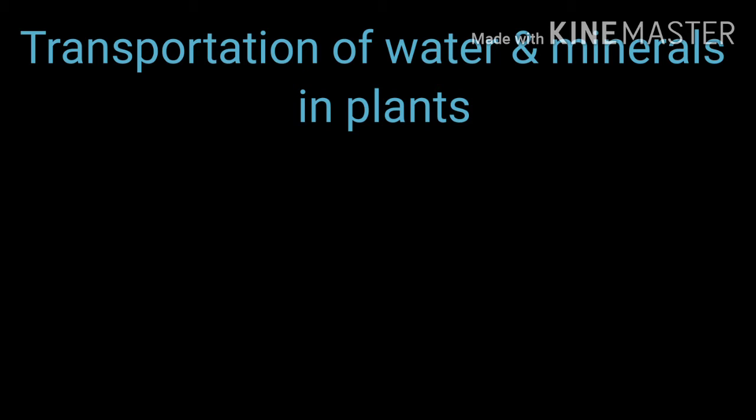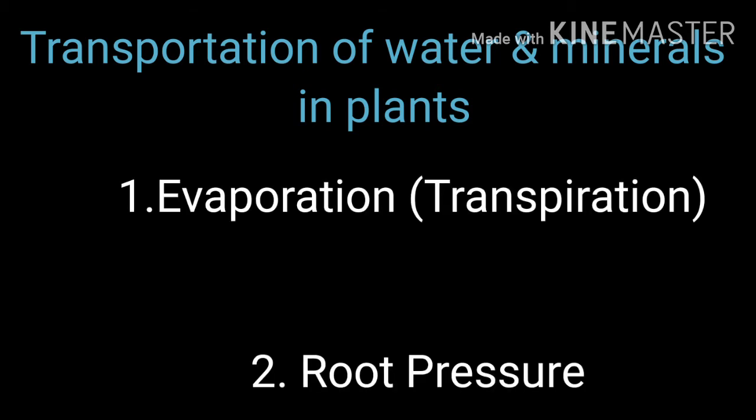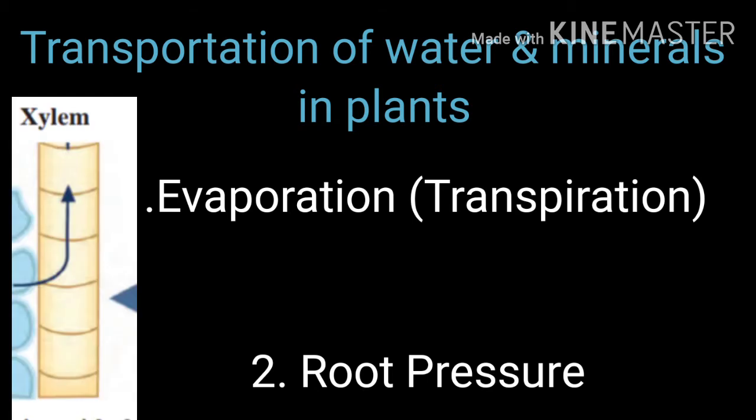This happens through two phenomena, that is, evaporation or transpiration, and second is root pressure. Students, xylem is made of dead cells with no nucleus or cytoplasm in them and hence it forms a continuous channel or a pipe from bottom to top.